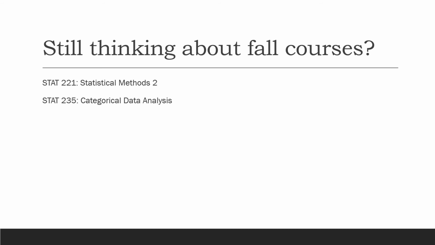It also will take things farther than we were able to go this semester. And then STAT235 is categorical data analysis. So that would be focusing on the situation where your response variable is categorical. So if you're working in an area of research where you tend to have categorical response variables, then STAT235 might be a really great course for you for the fall.